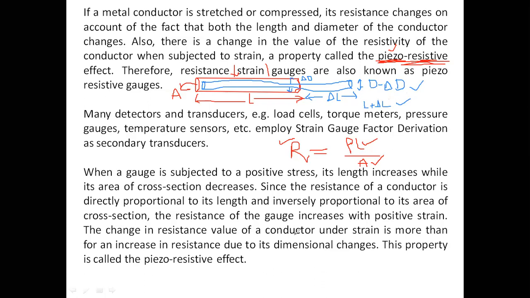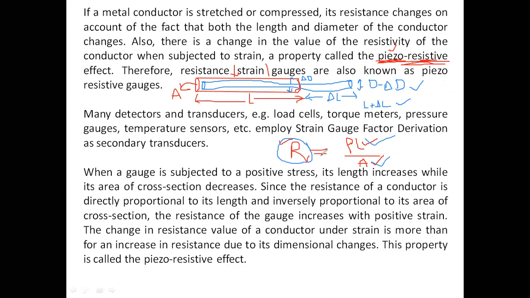So the material should possess a property like this. Now cross-sectional area is varying and also length is varying, so that R, the resistance of the material, will vary.